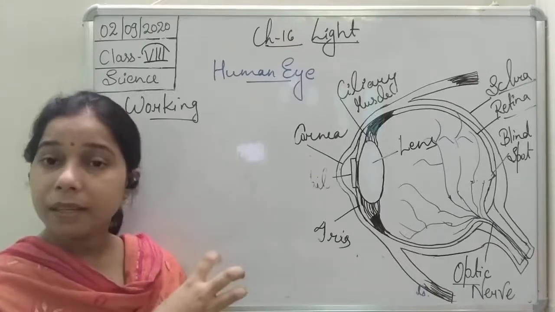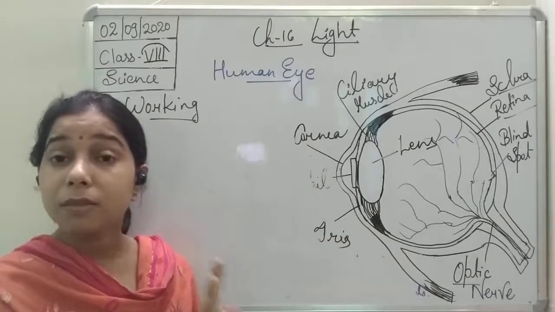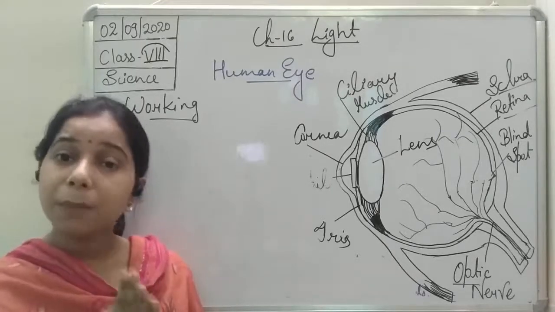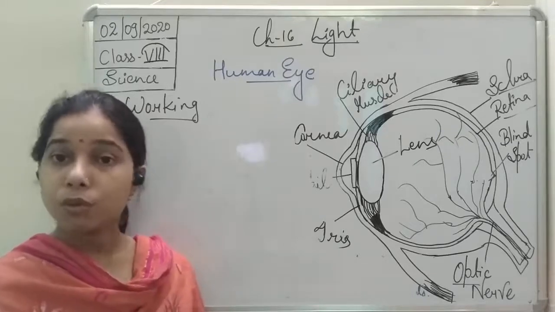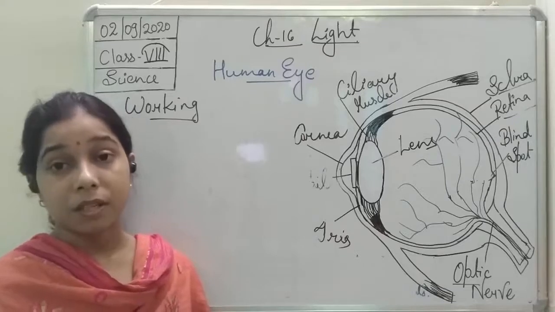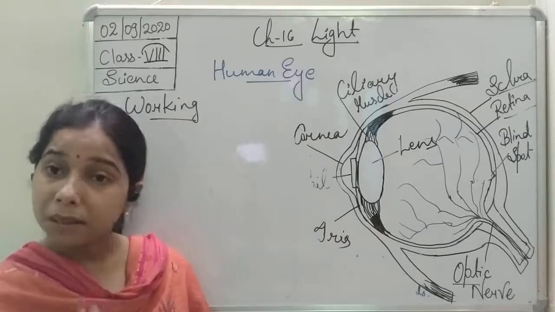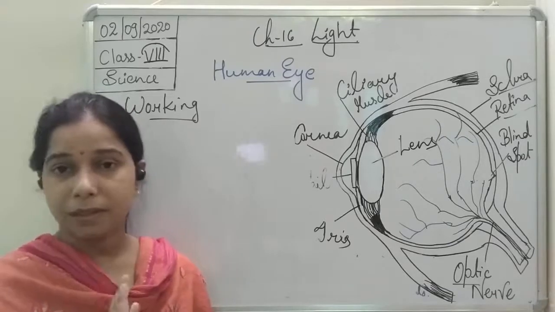It is the brain only which interprets the image as an erect image. The image formed in the eye is real and inverted, but the image interpreted as erect is done by our brain.